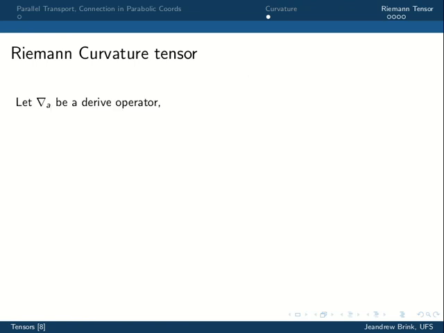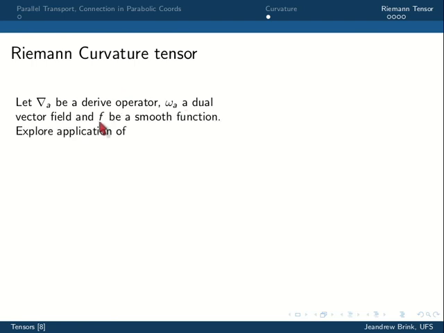Okay, so the Riemann tensor: you start with a derivative operator and a dual vector field ω_c, and f is a smooth function.